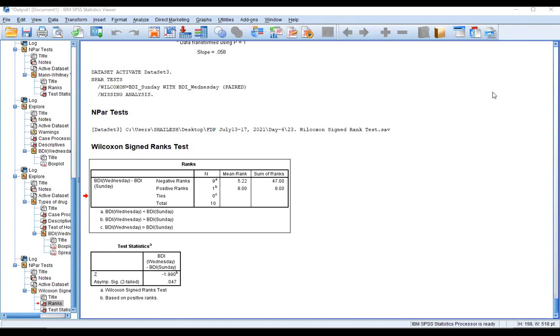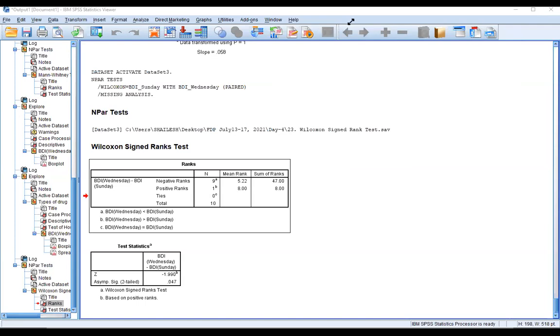I think it costs 800 or 900 rupees, but on Flipkart it's a very costly book, 5,500. I have a soft copy also, I can share it with you. You can buy this book also. So this is about the Wilcoxon rank sign test.